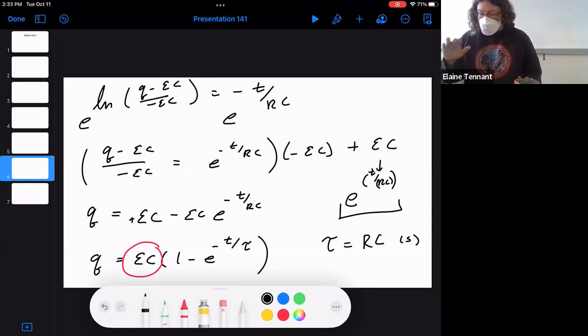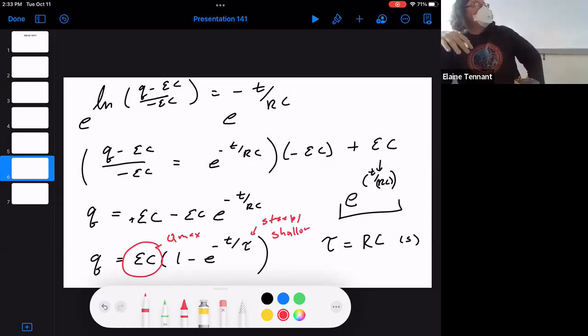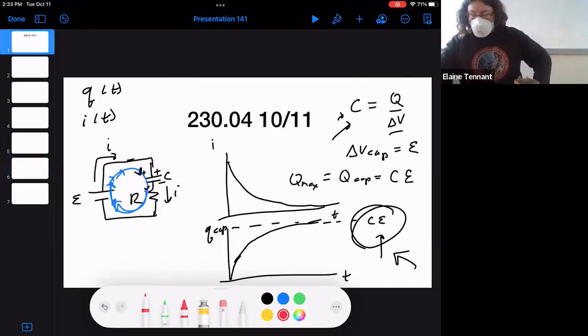Now we have this Q max out front, and we have a time constant, which tells how steep or shallow this curve is. We should look at this and ask, does this actually match the shape that we thought we should get? The shape we thought we should get is really 1 minus e to the negative t times some constants.